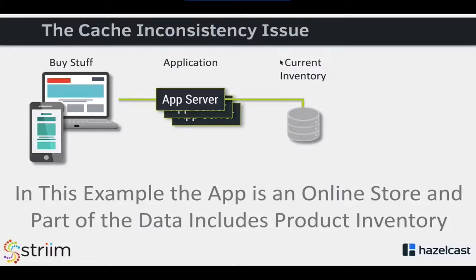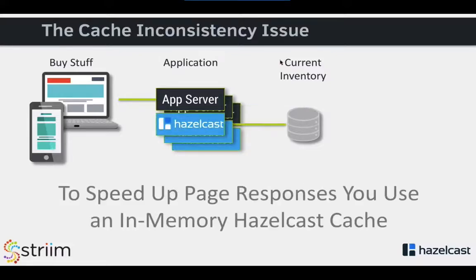We have the database where we store inventory, an application server that accesses this data, and Hazelcast used as the cache to speed up access to certain data. The data can be accessed through different clients. In this particular situation, it works pretty well.